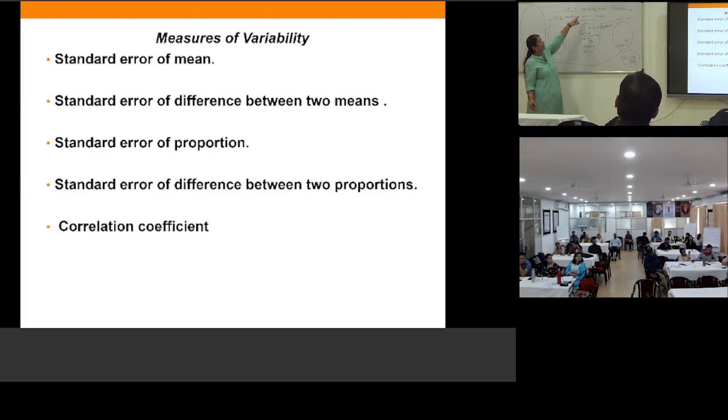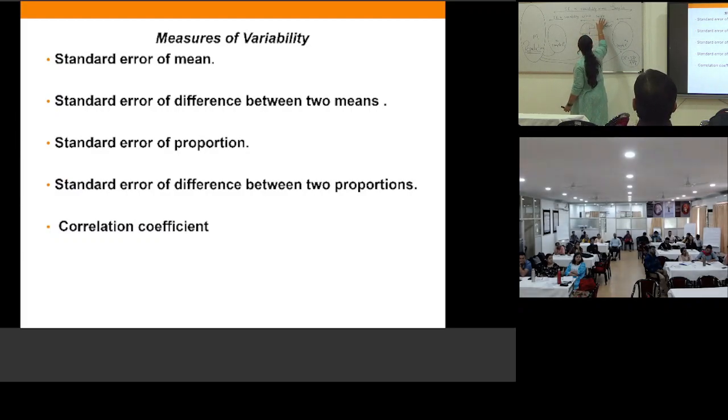Standard error is variability across the samples, and SD is variability within the sample.